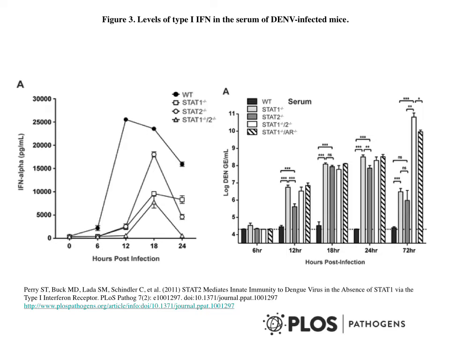And if you look at 6 hours post-infection, all of the mice have a similar response to dengue. But as you move out to 12 hours, 18 hours, and so on, you can see that the wild-type mice show a much lower level of dengue virus production compared to the ones that have an altered interferon response.